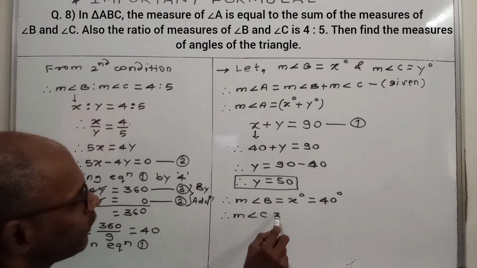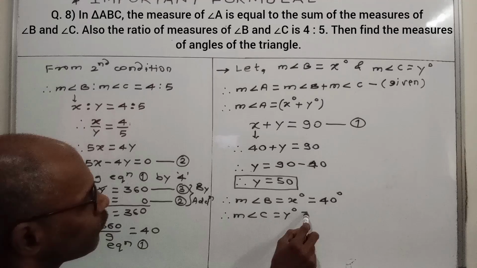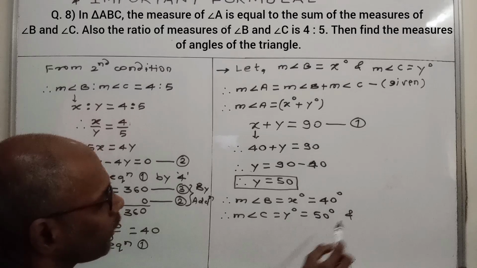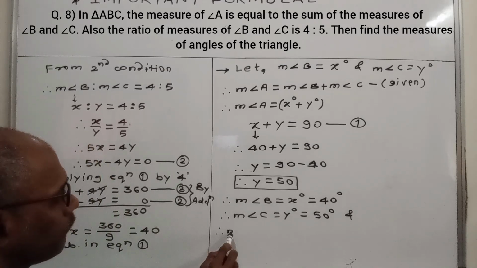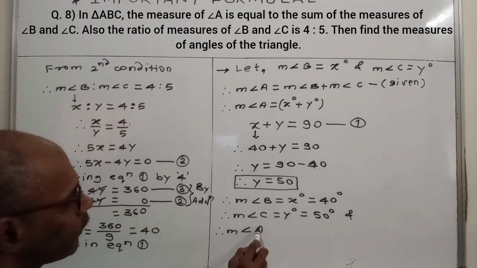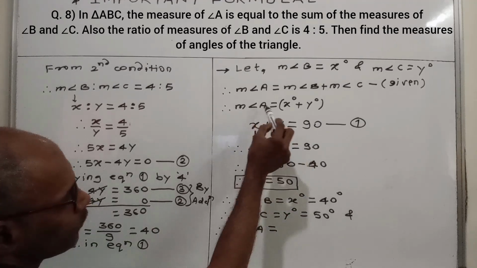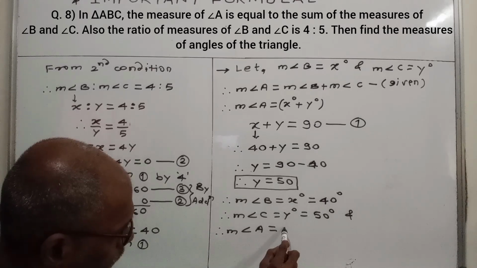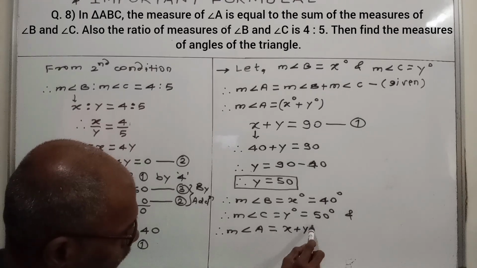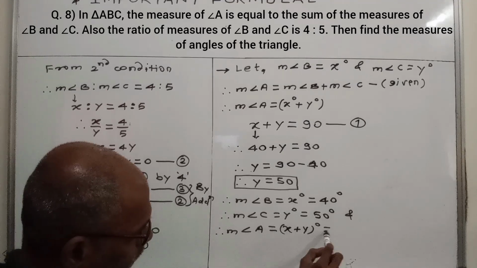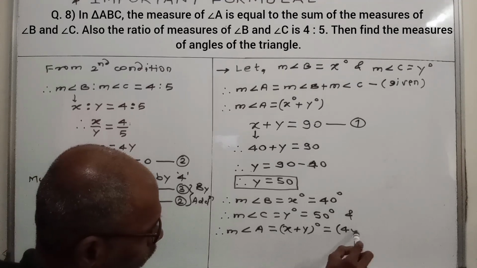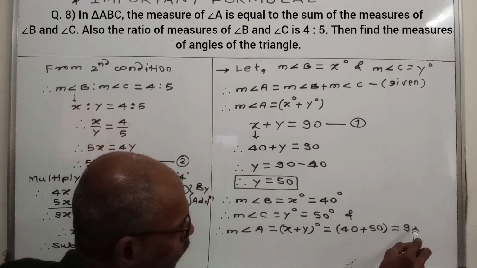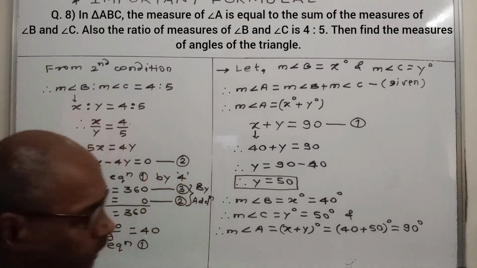Measure of angle C is equal to y degree is equal to 50 degree, and measure of angle A is equal to x degree plus y degree, is equal to 40 plus 50 is equal to 90 degree. Did you get it?